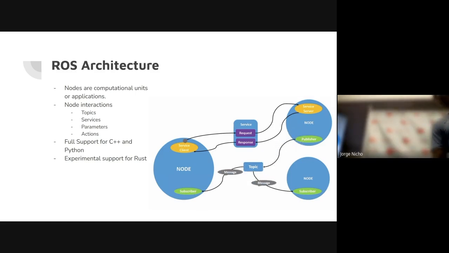Okay, so this is a very simple depiction of what a ROS application looks like. In ROS, you have what are called ROS nodes. A node is basically an application that has ROS code embedded in it, and that ROS part is what allows it to talk to other nodes. Nodes interact in a bunch of ways.